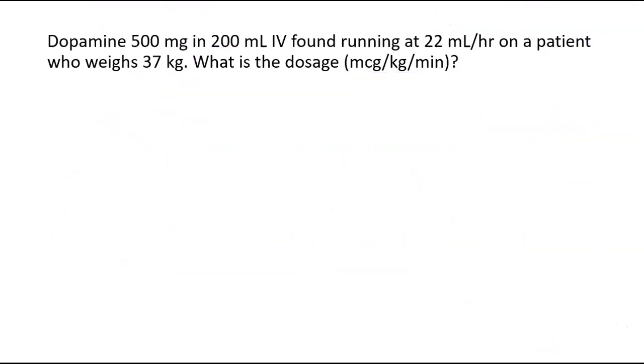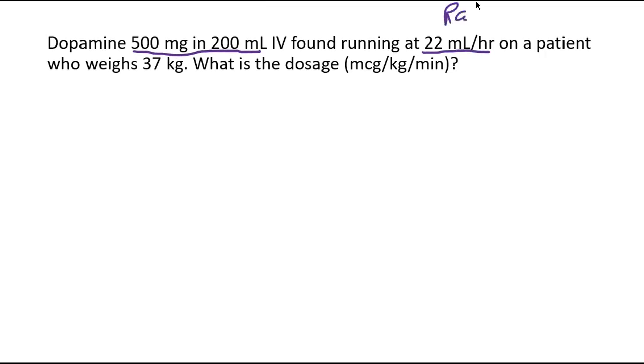And now this next one, again, we look at what we have. We have 500 and 200. We're running it at 22 mils per hour. There's your rate. Your patient weighs 37 kilograms. We don't have to do any conversions there. We want this crazy number right here. So what we have here is 500 over 200, which is basically 2.5 milligrams per mil.